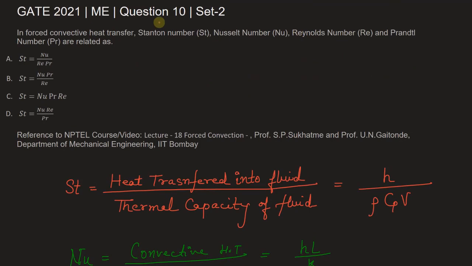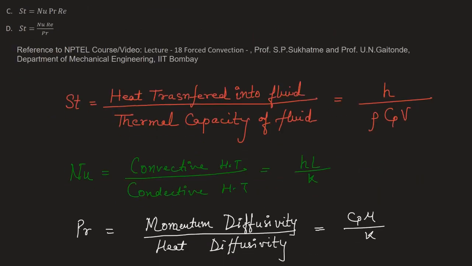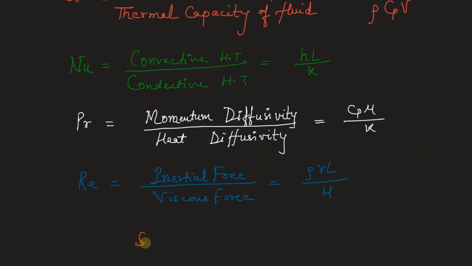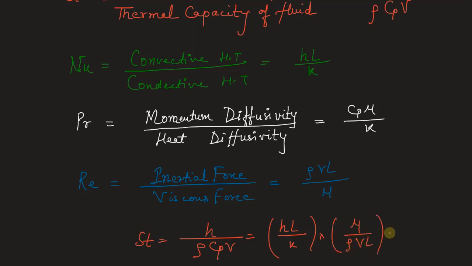Since we need to find the relation between Stanton number, Nusselt number, Reynolds number and Prandtl number, we will write Stanton number St is equal to h upon rho Cp V. This can be written as hL upon k multiplied by mu upon rho VL into k by Cp mu.